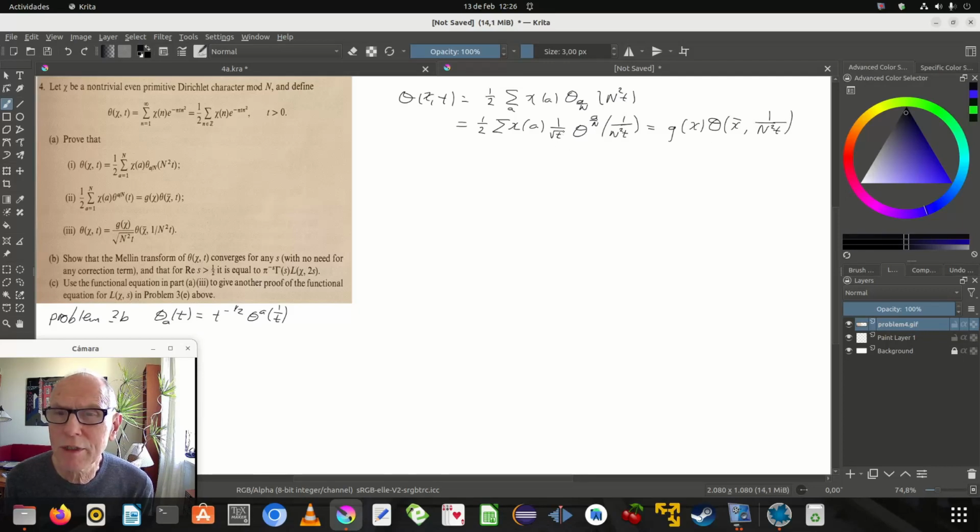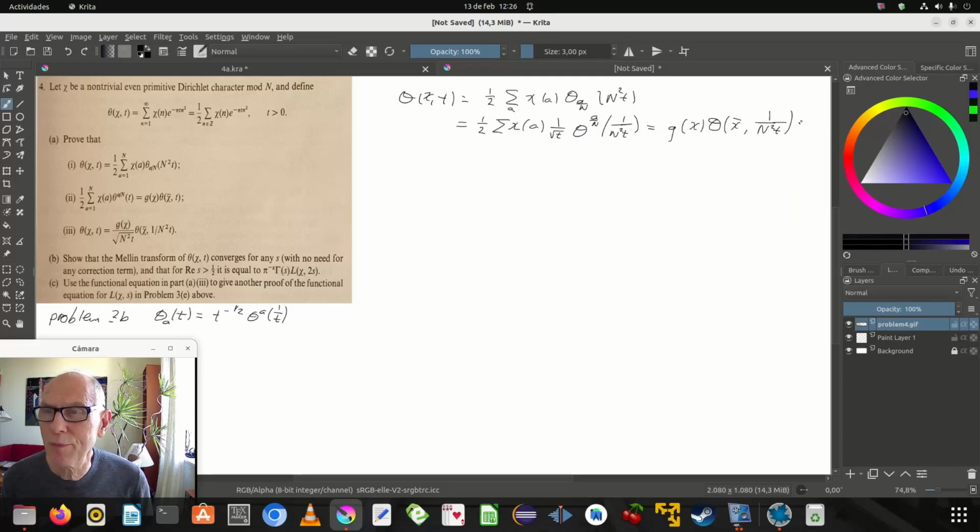And where did 1 divided by square root t go? There's no mention of that, so we need to put it somewhere. Oh yes, it must be square root of course.